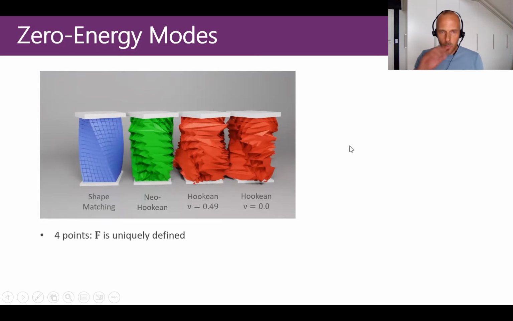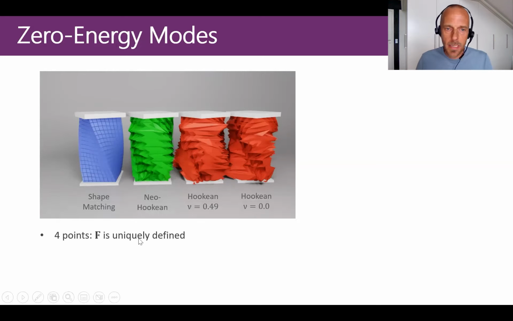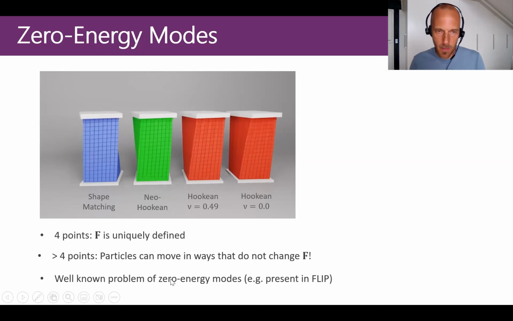So what's going on here? What's going on is that for 4 points, F is uniquely defined. So if you have two tetrahedra, there's a unique linear map from one tetrahedron to the other, if you don't have singular configurations. Now, if you have more than 4 points, then there are motions of particles that do not change F. These are called the zero energy modes.